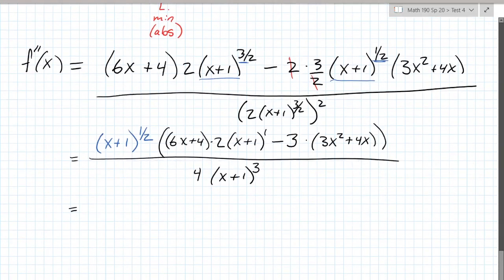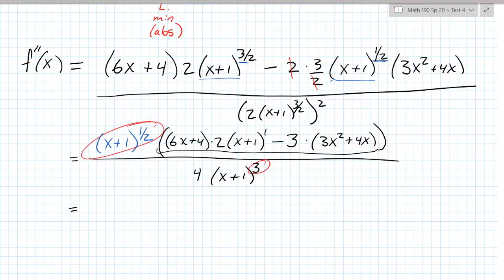Okay, from here, we can decide how we want to combine our like terms. I think we're just going to have to distribute some stuff out and then combine like terms. For this big parentheses, for the x plus 1 to the 1/2, we can combine this with this and get rid of one of those terms.